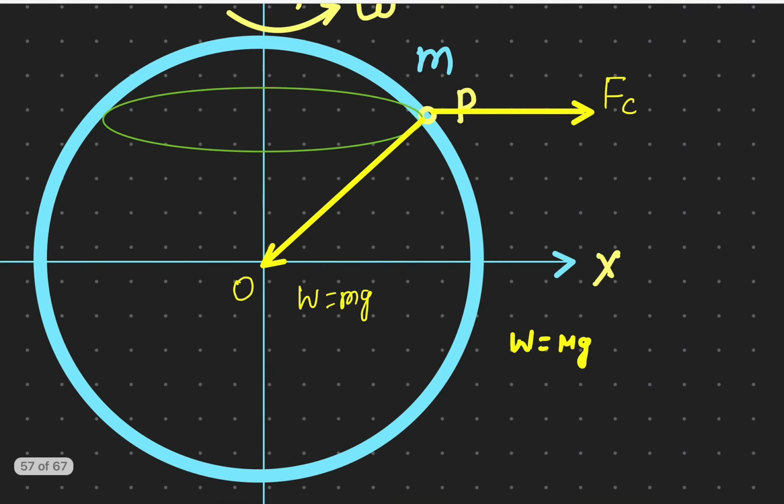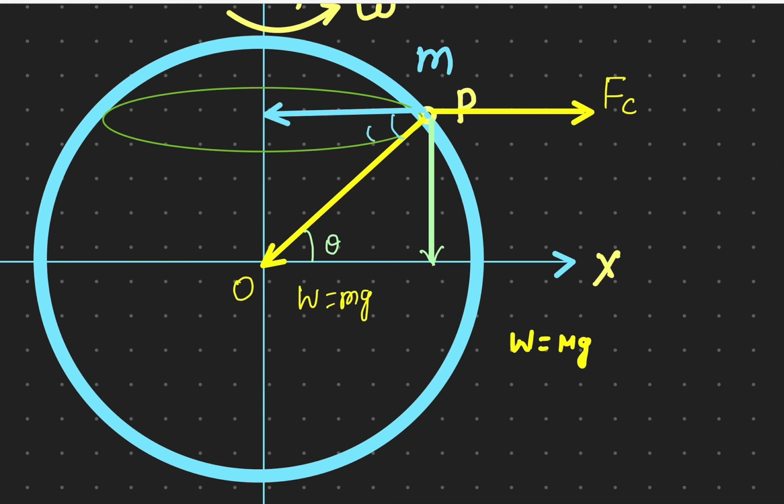So what's the strategy? How are we going to find out? We're going to resolve this force into two components. The one component will be here, this component, and we have said this angle is theta, and we have another component. This component will be this way. So this angle is theta.